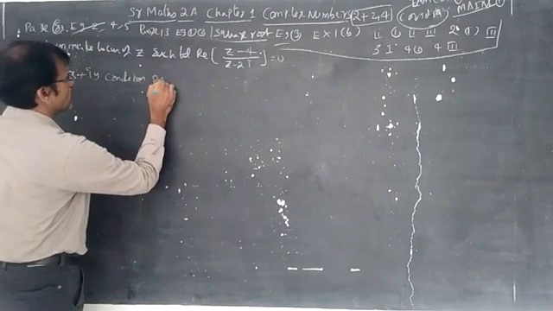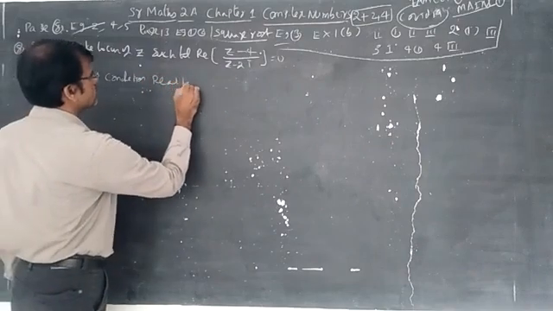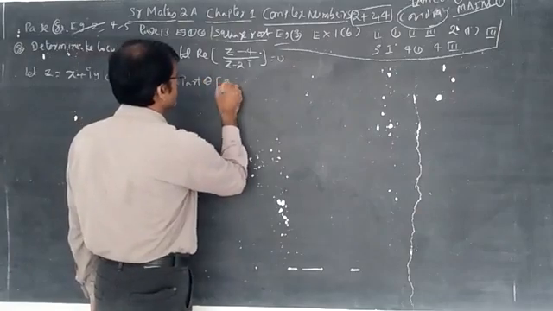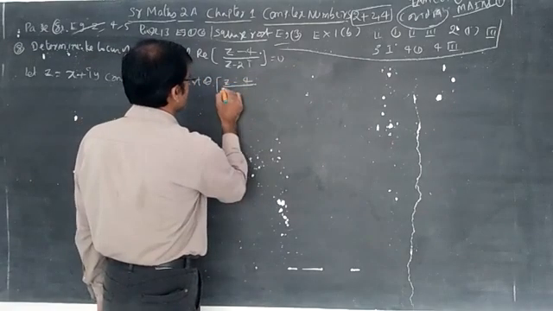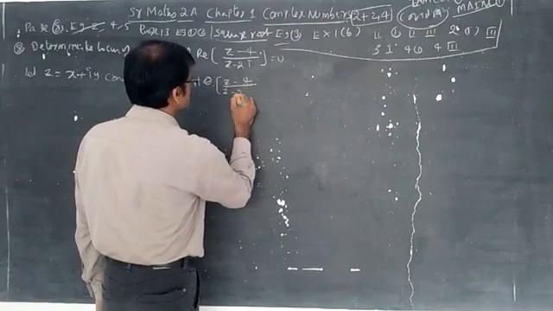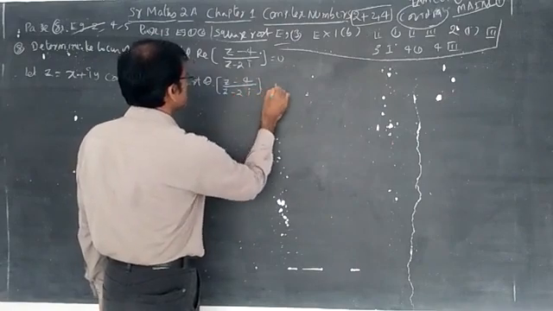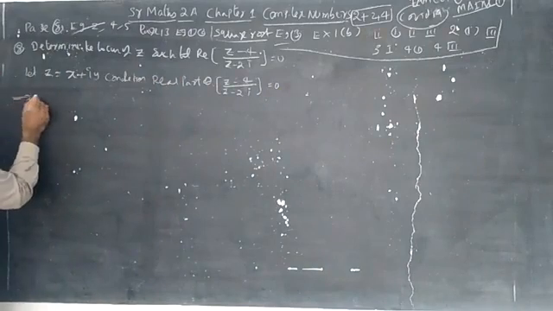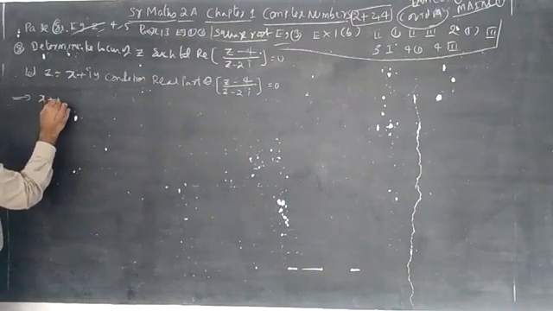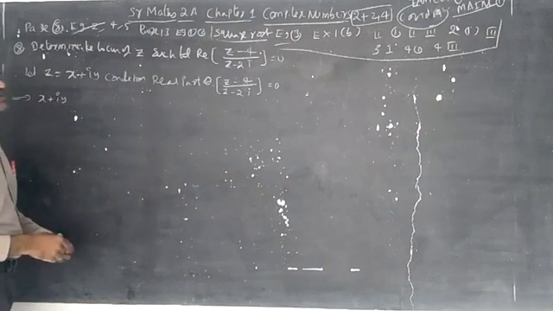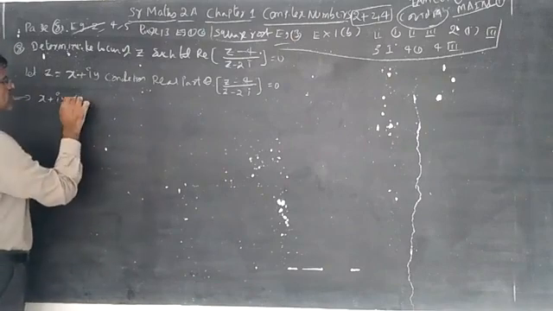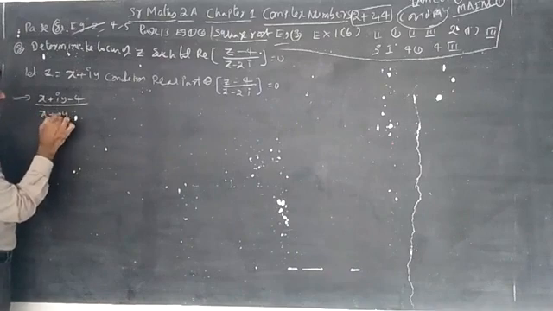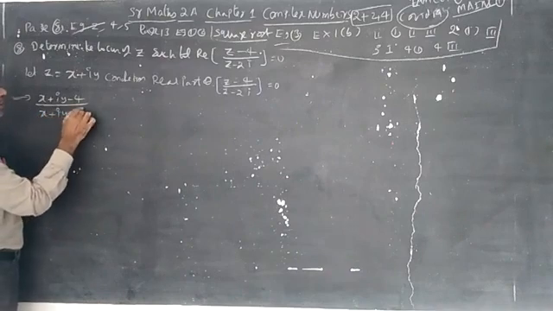Real of Z minus 4 by Z minus 2I is equal to 0. Real means real part. That implies write x plus iy in the place of Z. x plus iy minus 4 whole by x plus iy minus 2I.